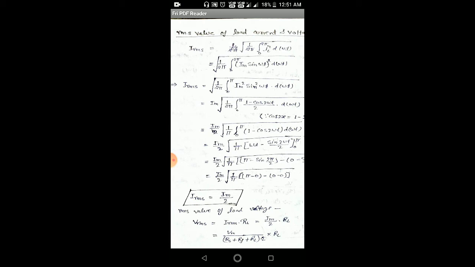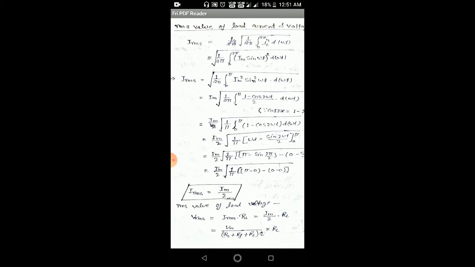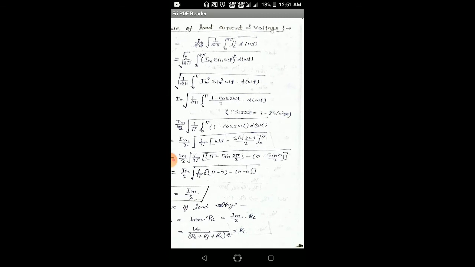So this integration can be written as IRMS equal to under root of 1 upon 2 pi integration from 0 to pi of Im square sin square omega t d omega t. From the formula cos 2x equal to 1 minus 2 sin square x, we can write sin square omega t equal to 1 minus cos 2 omega t upon 2.